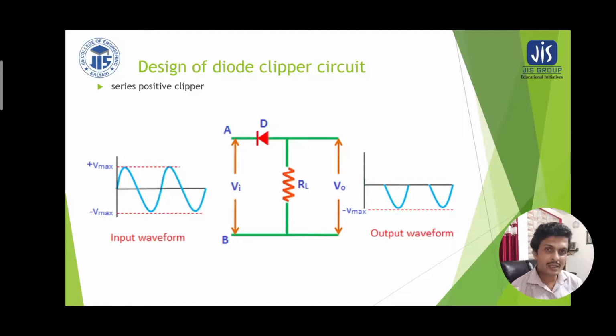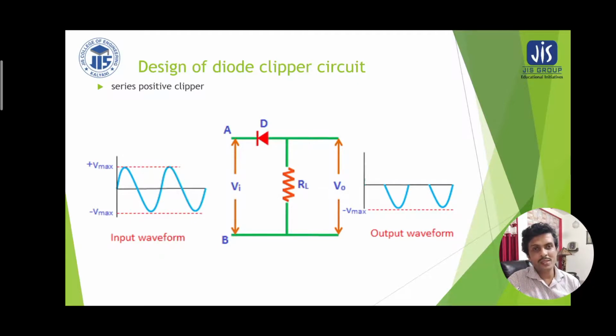In this case, the input voltage is sinusoidal, as we see that it is starting from 0 voltage and gradually increasing towards the maximum value, that is plus Vmax, and thereafter it is going down to minus Vmax. In this way the oscillating signal is applied to the input of the circuit, and this is written as series positive clipper circuit.